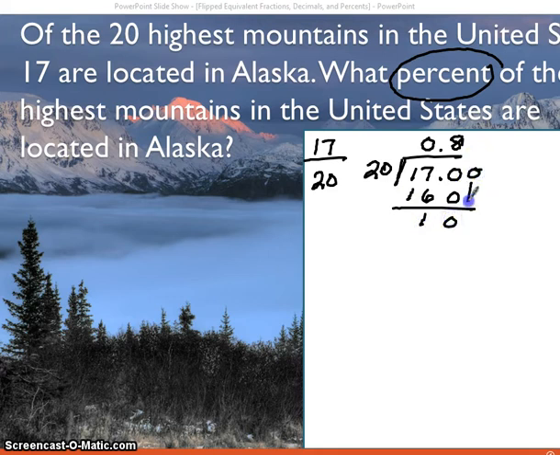Add a 0 and bring it down. 20 will go into 100 5 times, which is 100. So we get the decimal of 0.85. That means 85 out of 100. So 85%. And if we were to restate our answer, 85% of the highest mountains in the United States are located in Alaska.